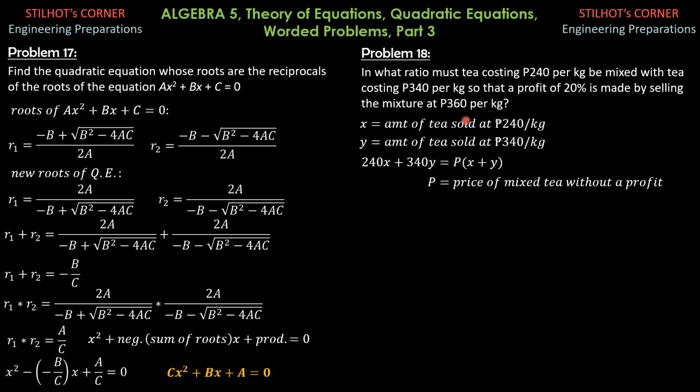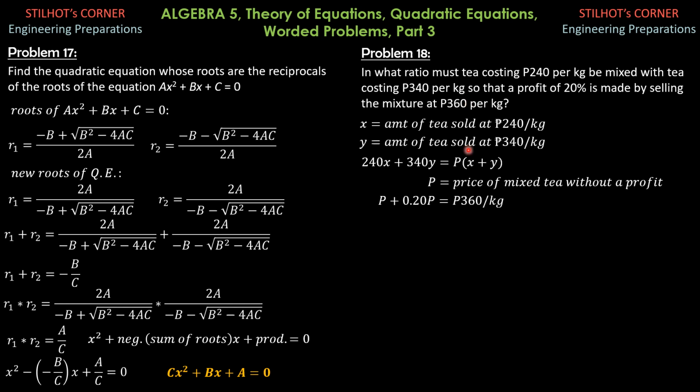So this 360 pesos is the selling price that will earn a profit. Because this is the price of the mixed tea without a profit, we equate P plus the profit of 20% to this price, 360 pesos.